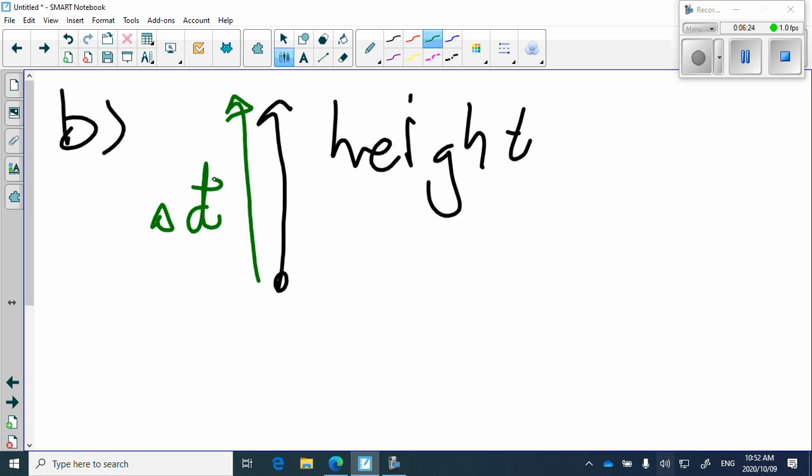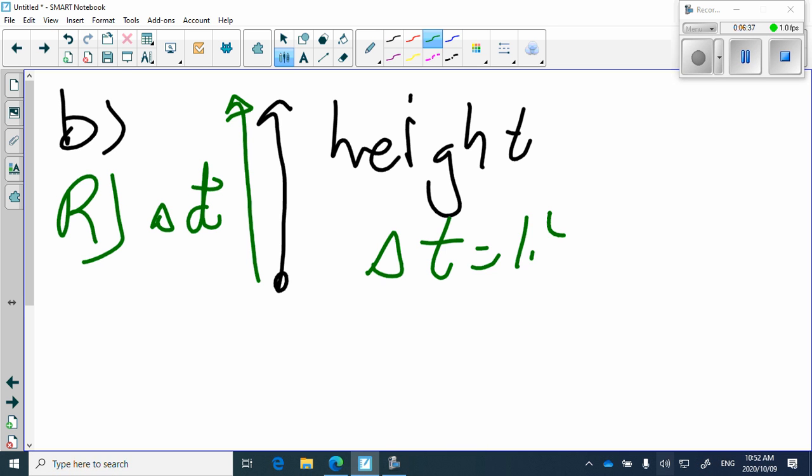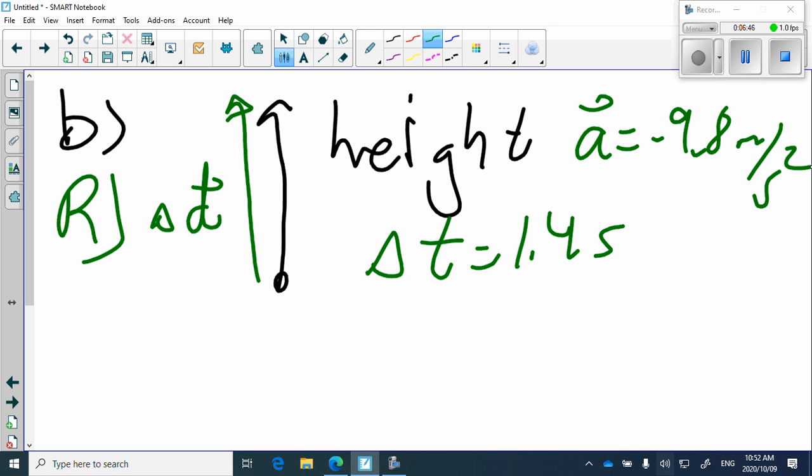So my required becomes the displacement. Remember, don't forget the things you know. I know it took 1.4 seconds to get to that height. Don't forget the things you know, like acceleration. As it was moving upward, it was slowing down because the acceleration is negative 9.8 meters per second squared.